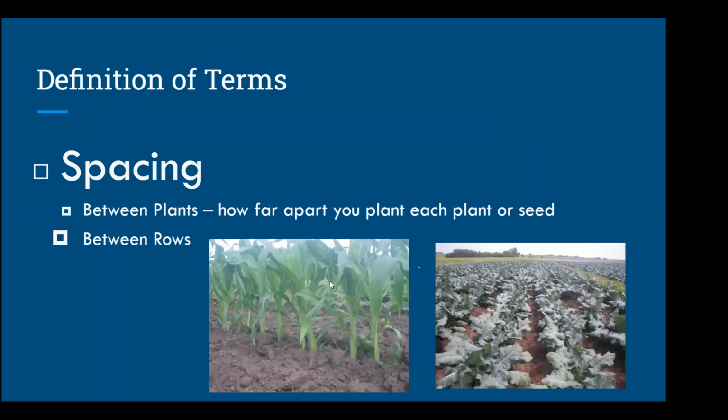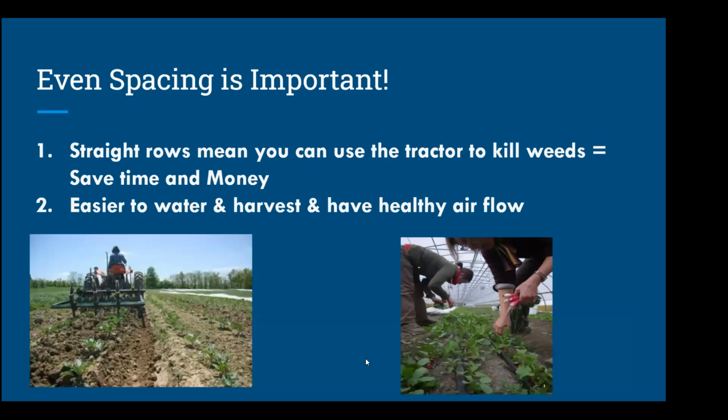And then spacing, so definition of spacing between plants, how far apart you want to plant each plant or seed. And then between the rows. So you can see there's corn here. And then even spacing is important. You want to make sure that you're doing even spacing.